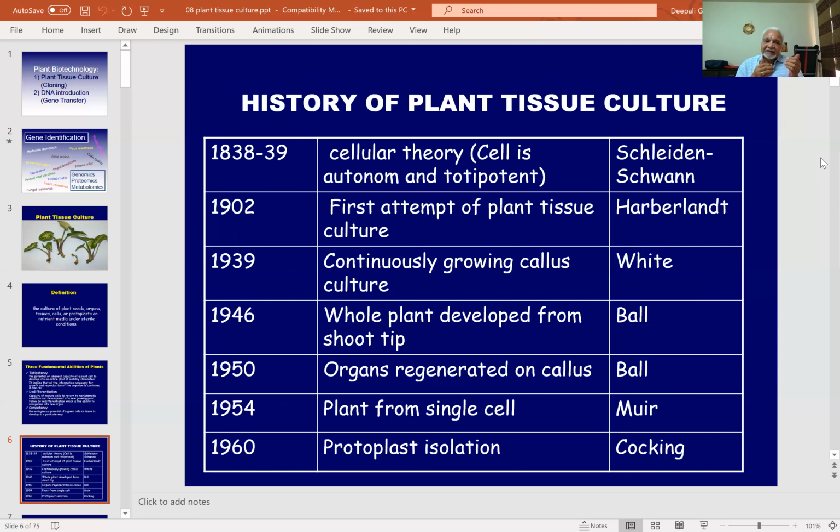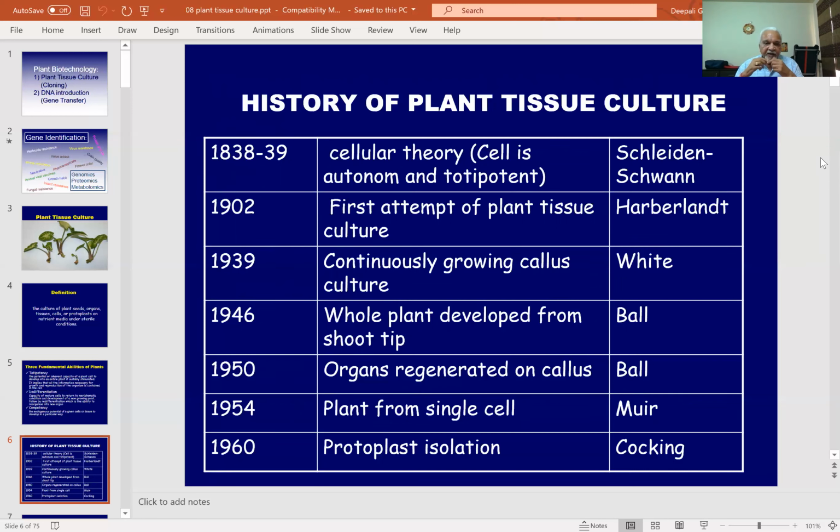And then in the 60s, as you know, the plant cell has the outermost covering as the cell wall. So in the 1960s or so, this cell wall was removed, and a naked cell was generated by removing the cell wall. We call that a protoplast. So protoplast is nothing but a plant cell devoid of cell wall.